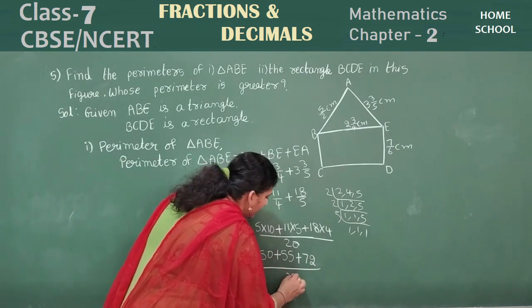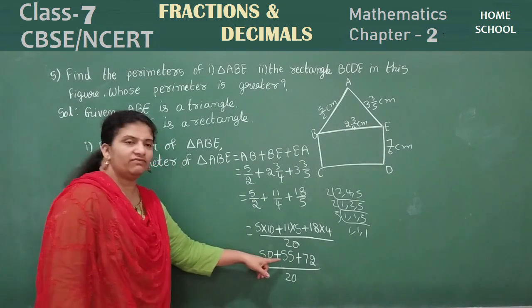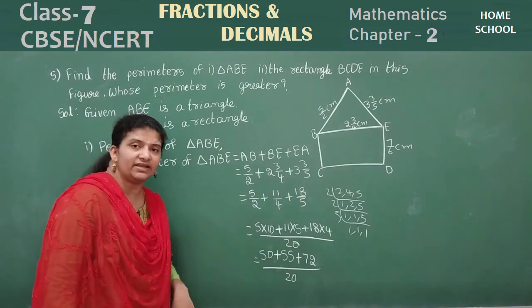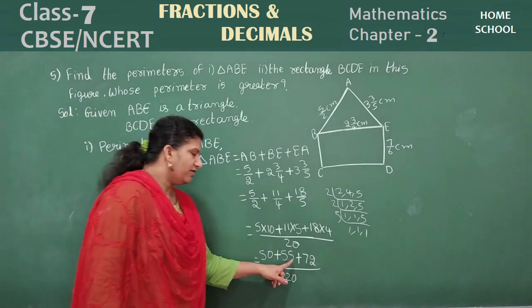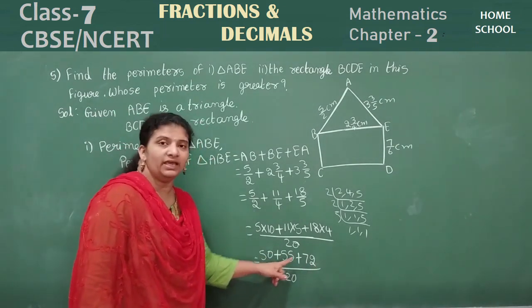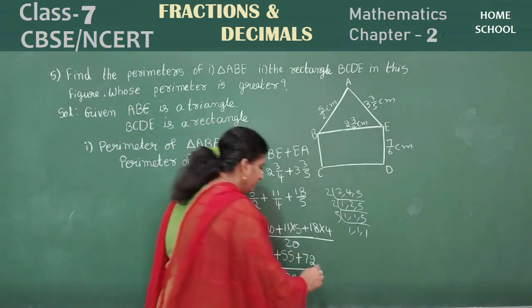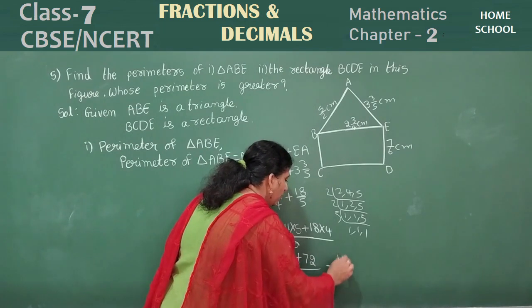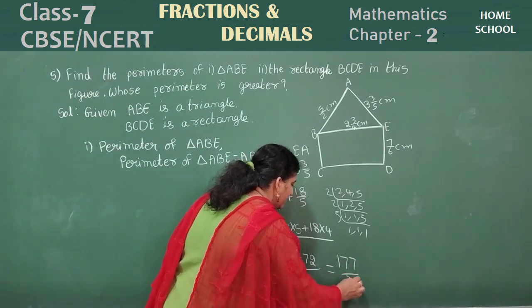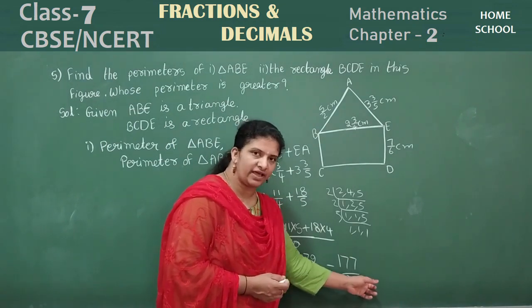Whole divided by 20. So now add all these, children. How much will it be? 177. Let's see. 5 plus 2 will be 7, 7 plus 5 will be 12, 12 plus 5 will be 17. That will be 177 by 20. Convert this, children, into a mixed fraction.